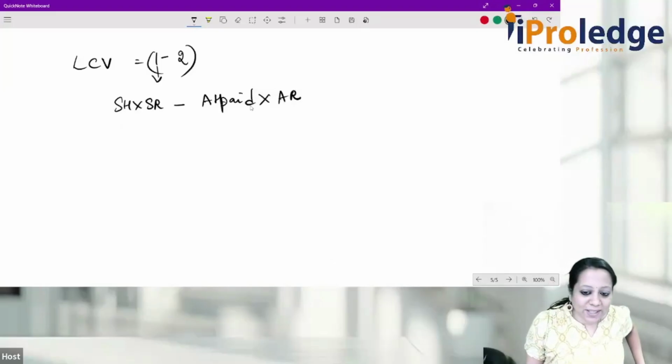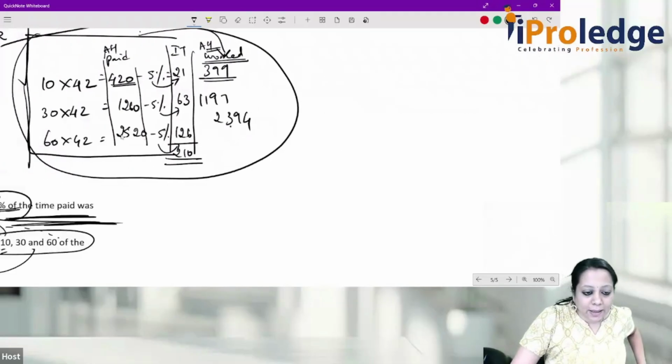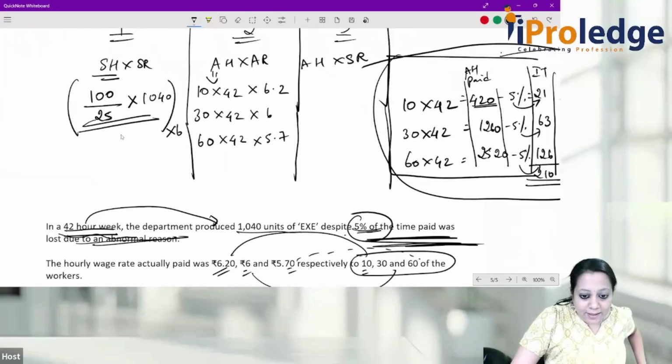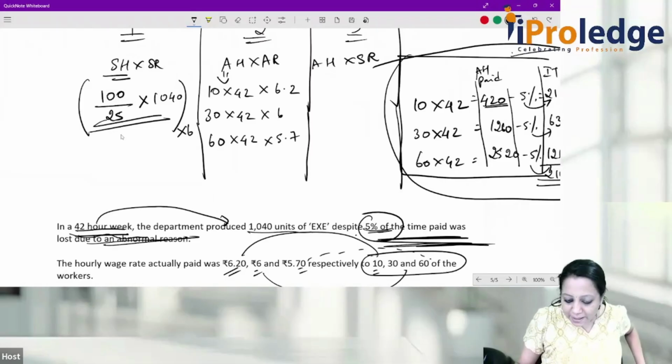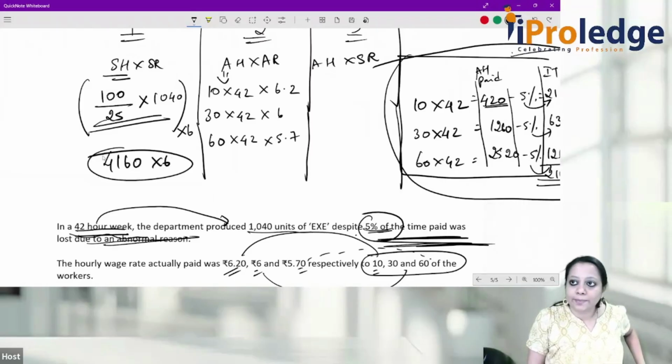So now it is going to be only one category for SH into SR. I didn't calculate that number. Can I do this part alone? 100 divided by 25 into 1050, 4160 into 6.